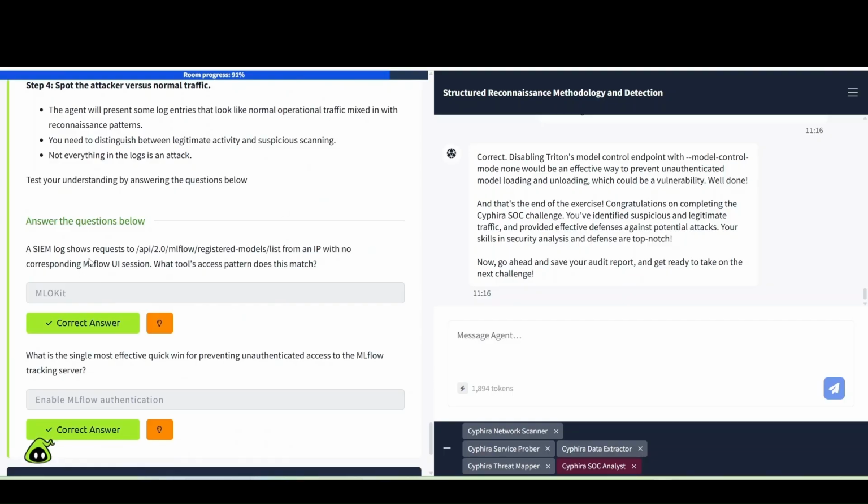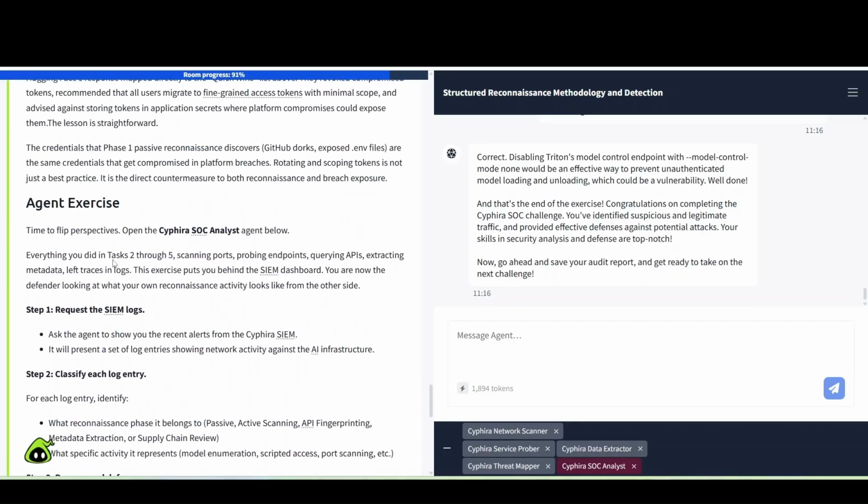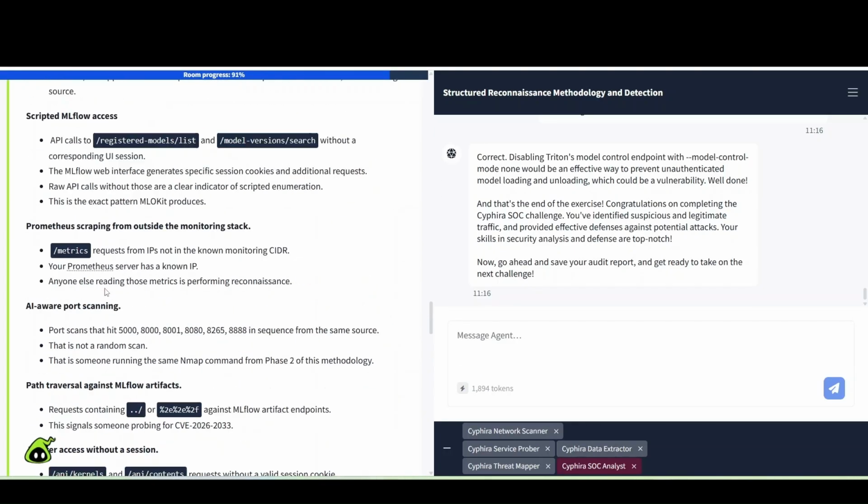A SIEM log shows requests to api/2.0/mlflow/registered-models/list from an IP with no corresponding MLflow UI session. What tool's access pattern does this match? It's going to be the MLOKit. If we go back up here where they talk about MLOKit, it was referenced a couple times.